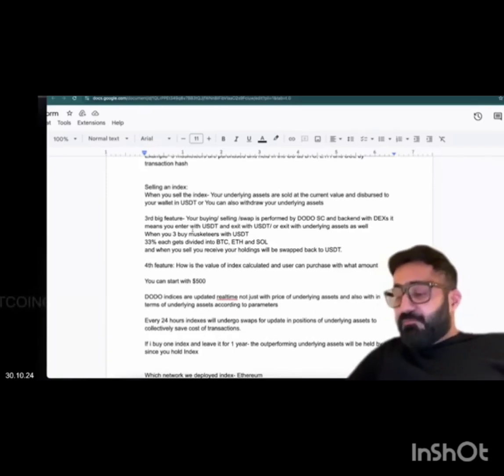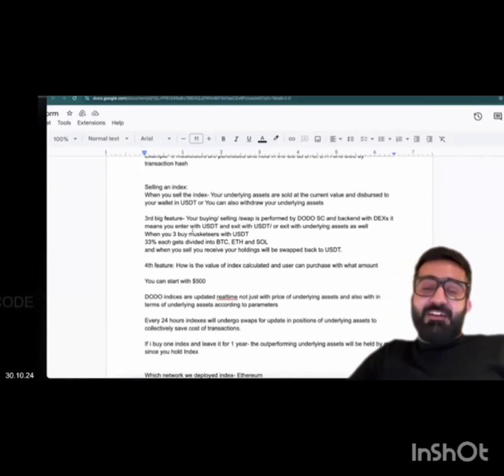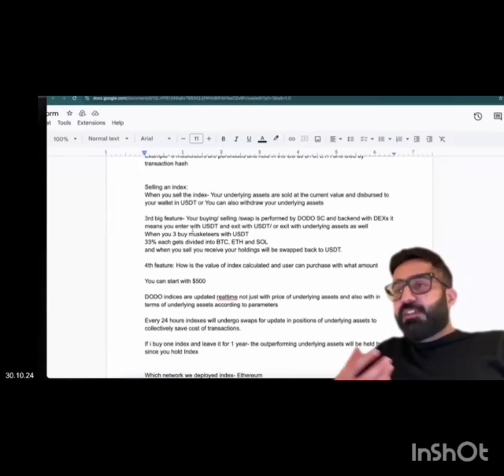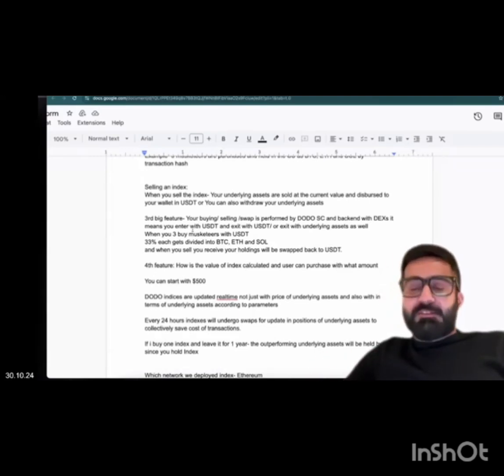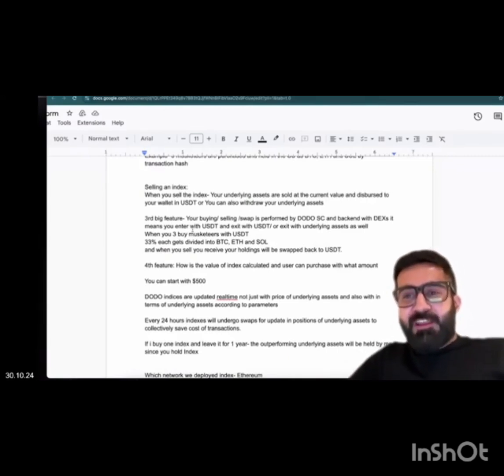Because when I explain about indices, how many types we are going to create, it is going to be so interesting. There will be some dynamic, some will be fast moving, some will be do or die.